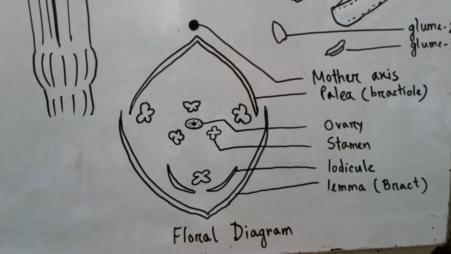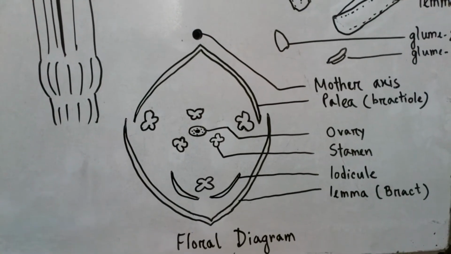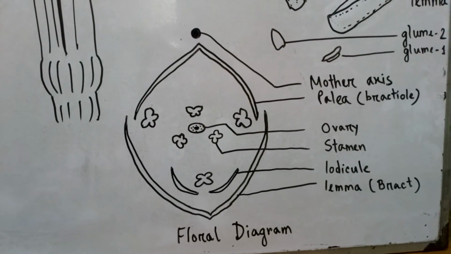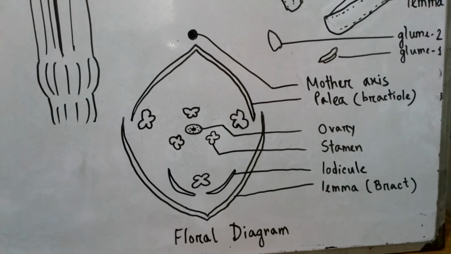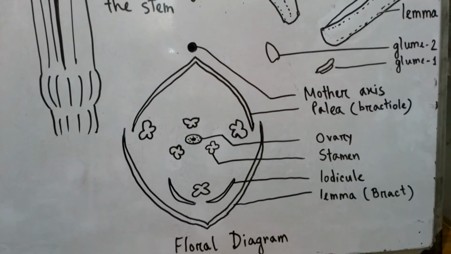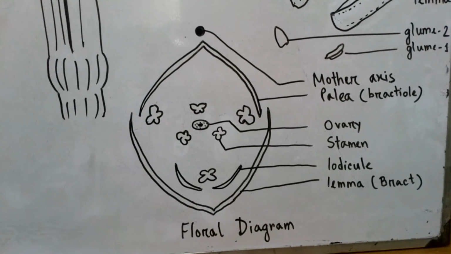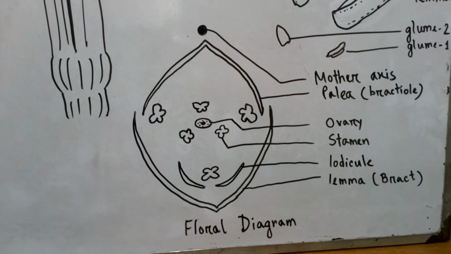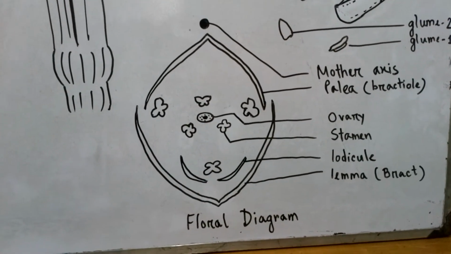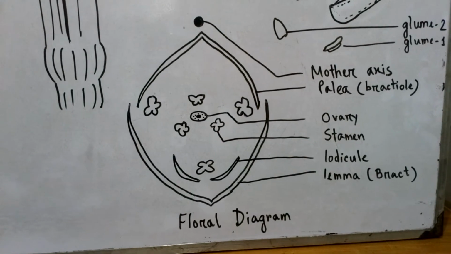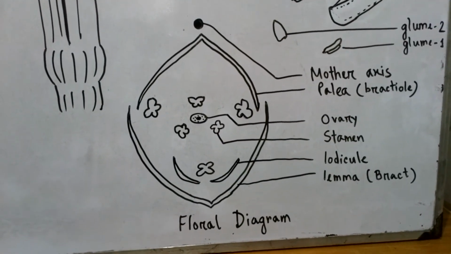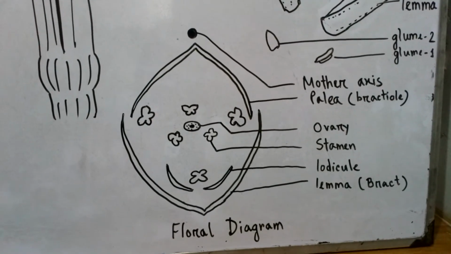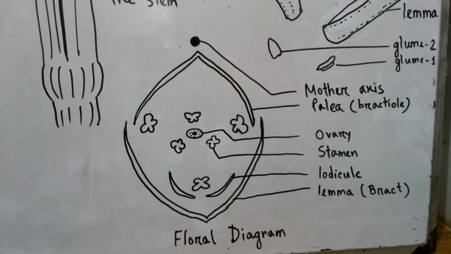Floral diagram means a kind of diagram through which you can express different whorls of the flower like bract, bracteole, their number, their arrangement, position, connection, and about calyx, corolla, androecium, gynoecium, all these members. What is their number, what is their position, and how they are connected with each other or with other whorls in comparison to the mother axis.